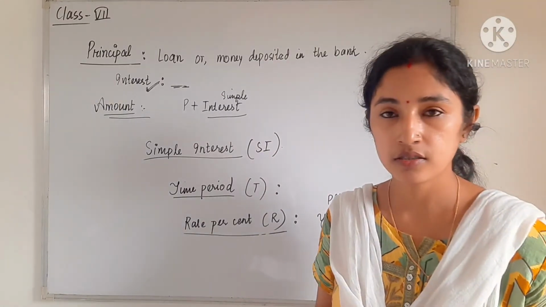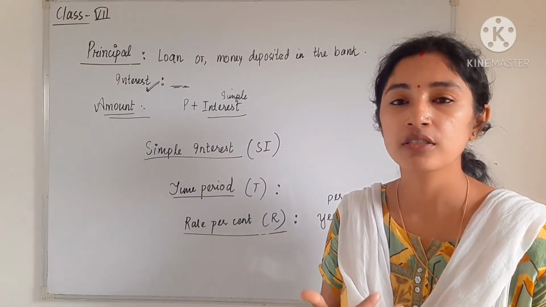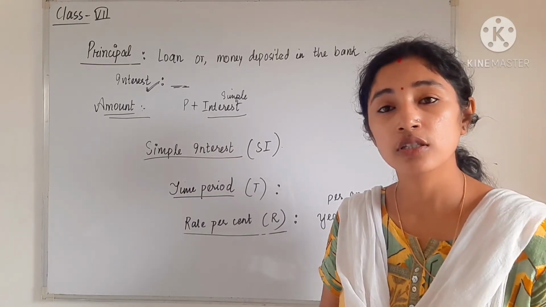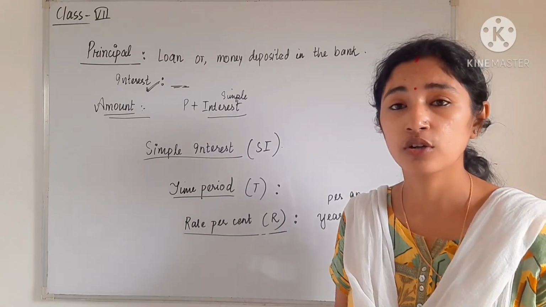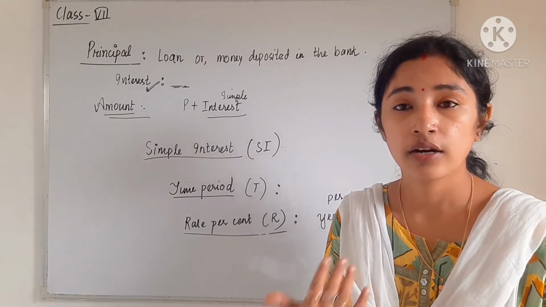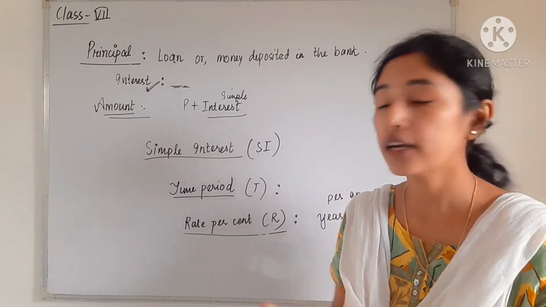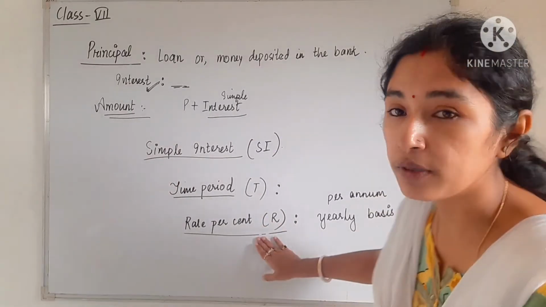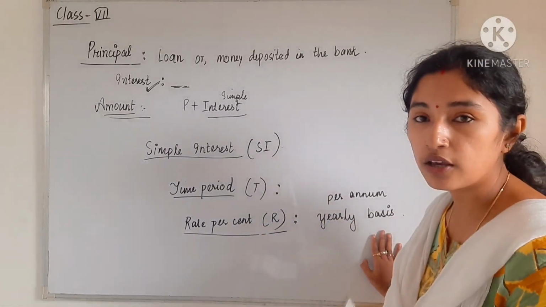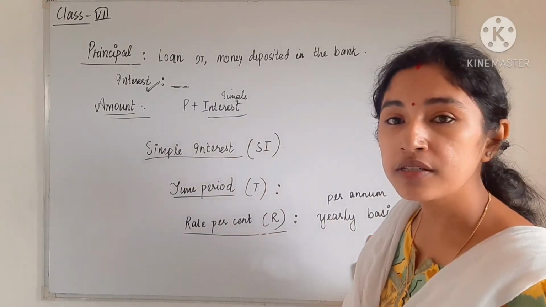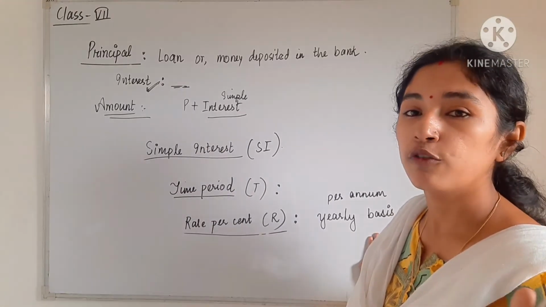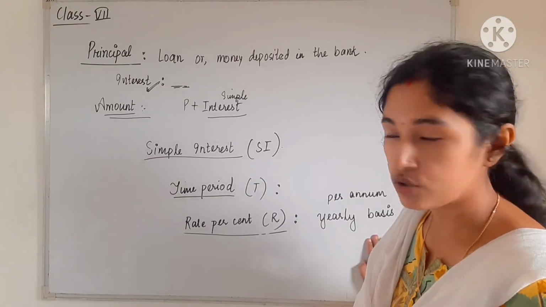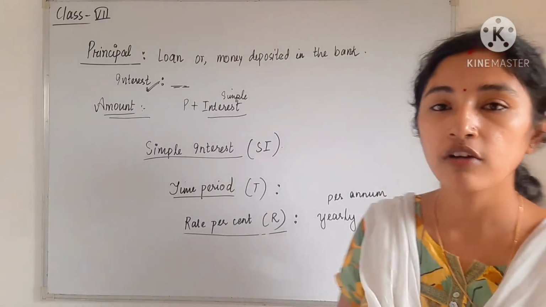If you are depositing rupees 1000 in the bank, then interest will be less, and if you are depositing a greater amount, suppose 10,000 or 20,000, then the rate will be greater. So this depends upon the money, and it will be calculated on a yearly basis, meaning per year, not monthly.